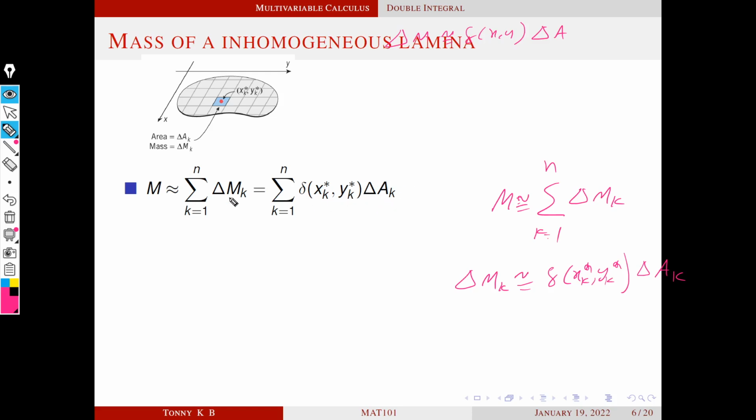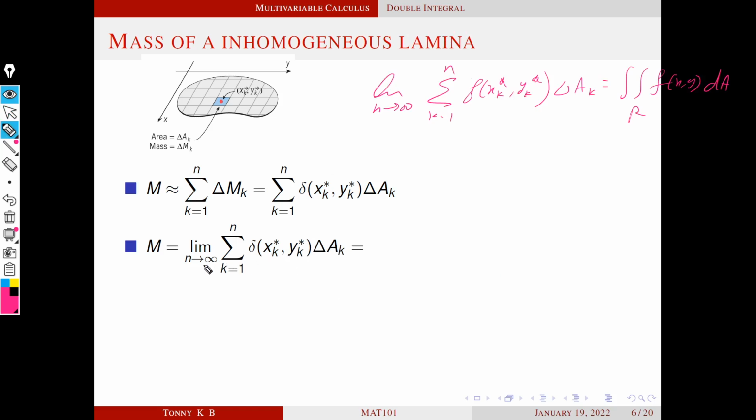And we know that this approximation is better whenever the number of rectangles is large or the size of the rectangles is very small. Small rectangles automatically mean n tends to infinity. So in the extreme case, m is equal to the limit as n tends to infinity of sigma k equal to 1 to n delta(x_k star, y_k star) delta A_k.